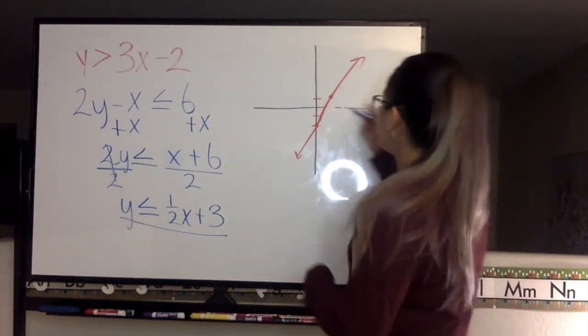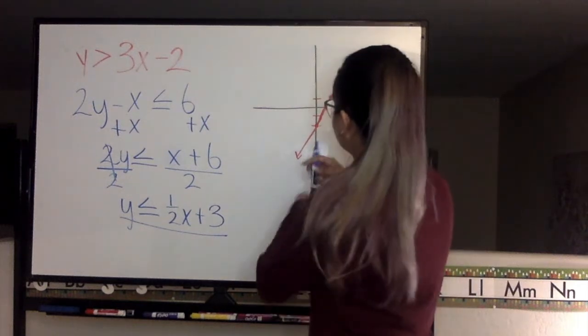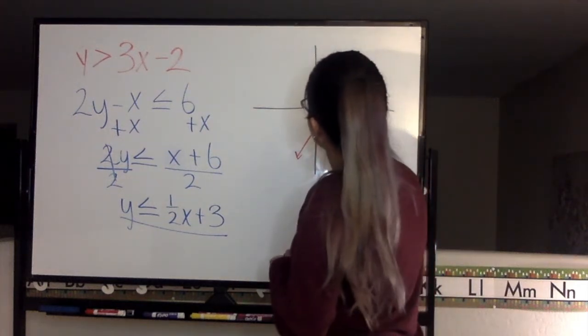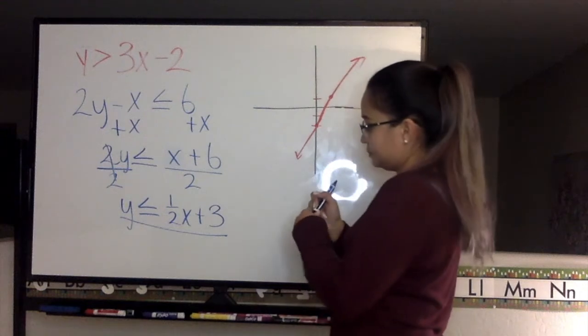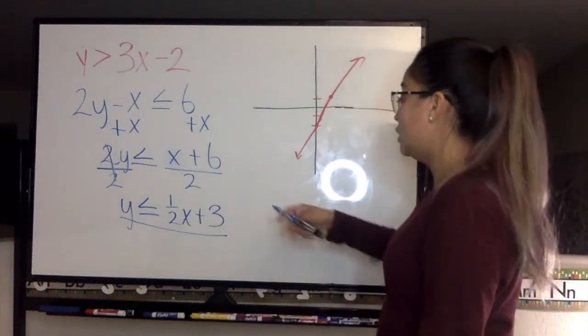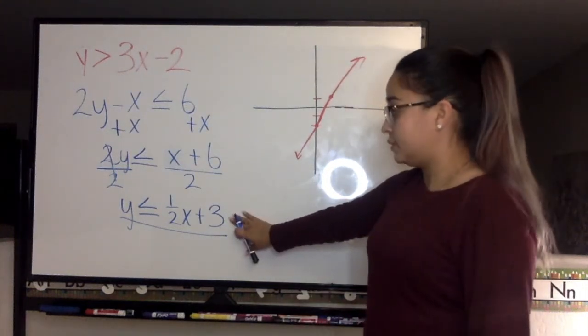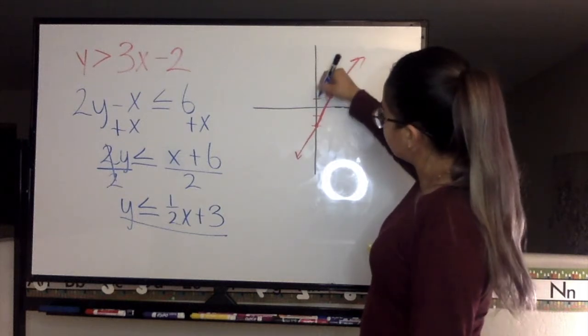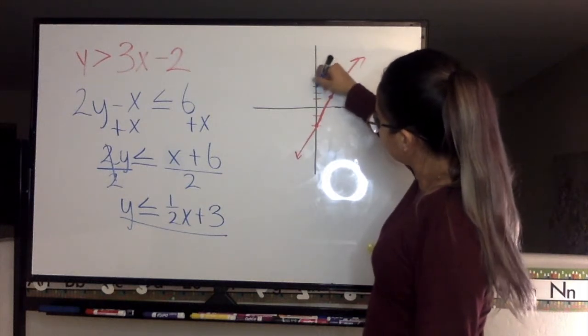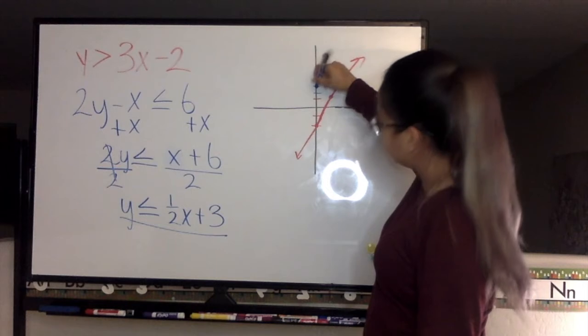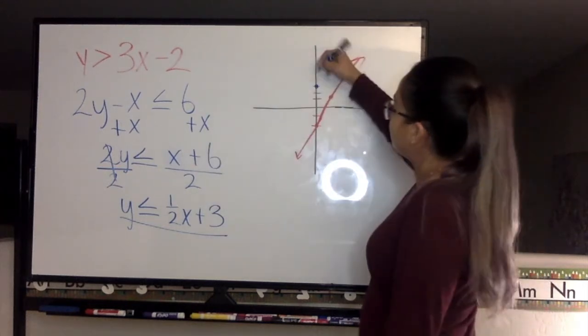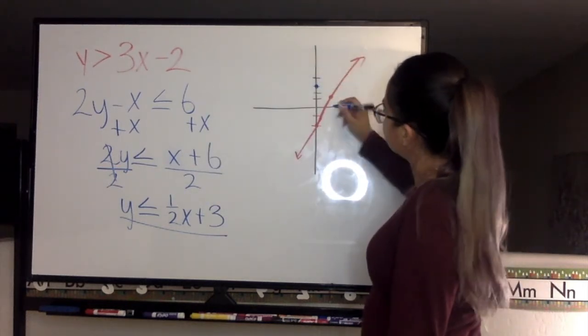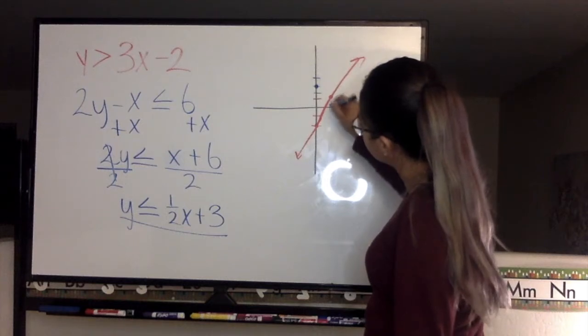Now, let's go ahead and start graphing our second line right here. So we have a +3. Gonna go up 3 times, so 1, 2, 3. This is gonna be our first point. Then we have a 1 and 2. So we're gonna move over here with a 1.